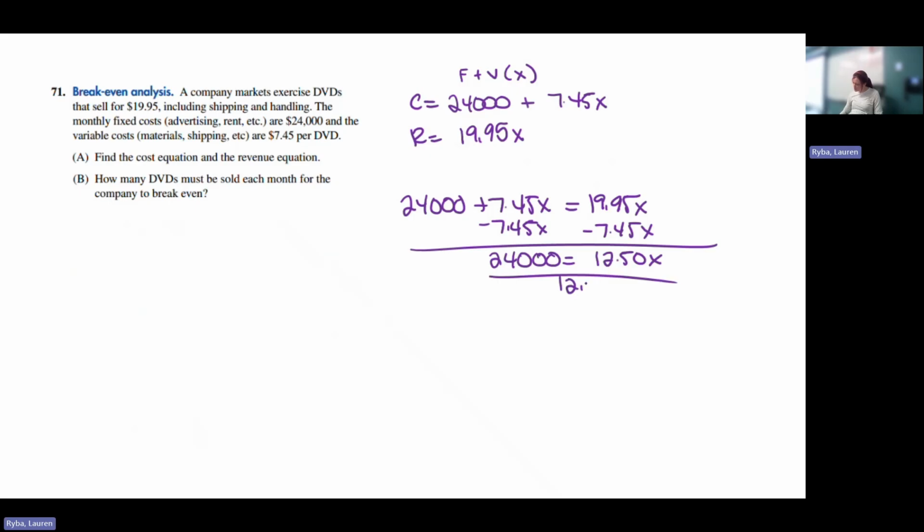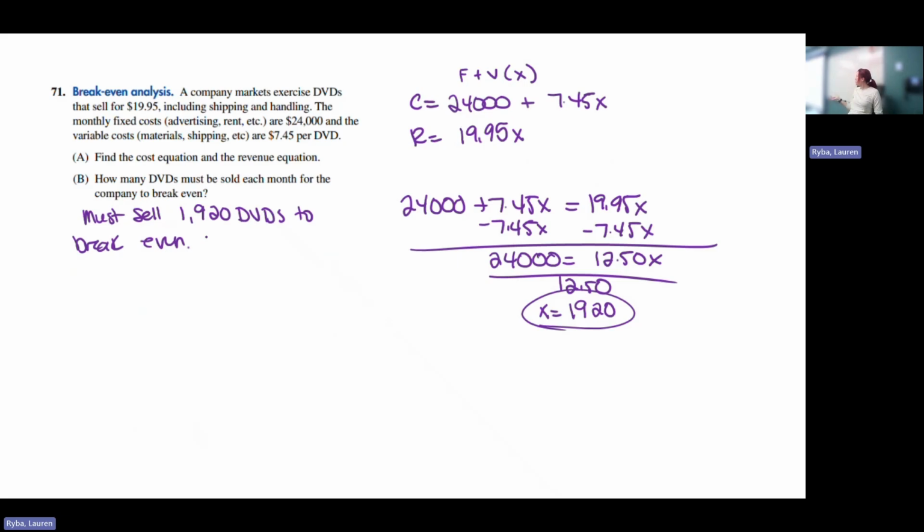Okay, and then if I divide by 12.50, I'm going to get 1,920, I believe. Okay, so if I ever ask you, like, what is the real world meaning of your answer? That means we must sell 1,920 DVDs to break even. So if I ask you, like, in real world terms, write a sentence of what that actually means.